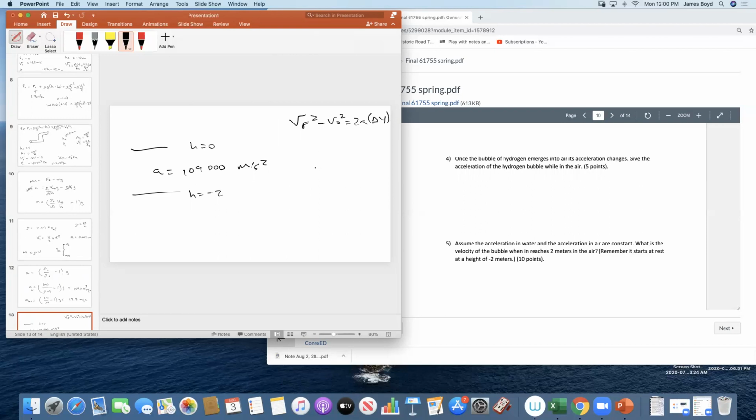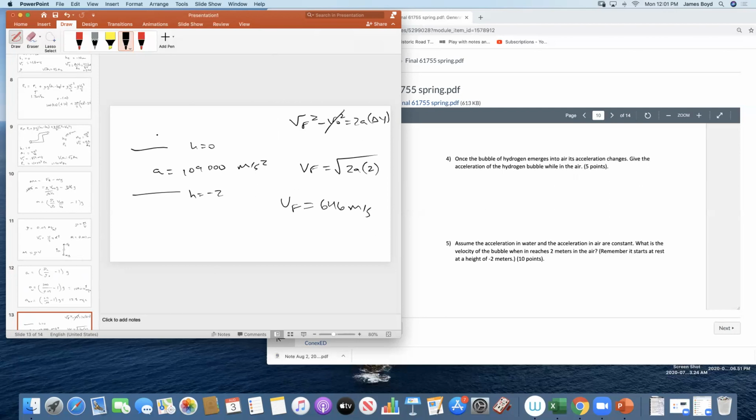So v initial is 0, v final squared would be 2a times 2, or about 418,000. So v final is about 646 meters per second.